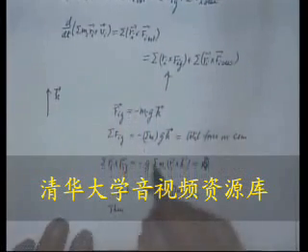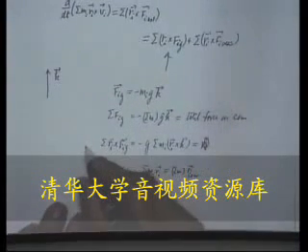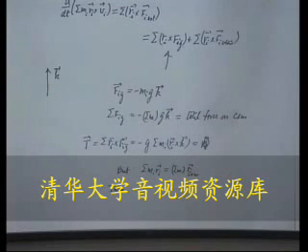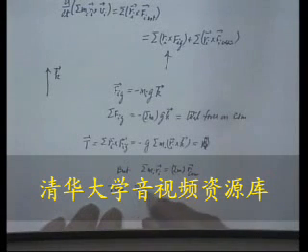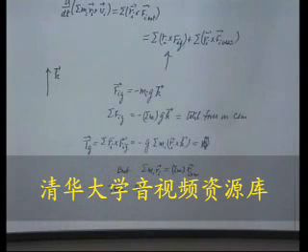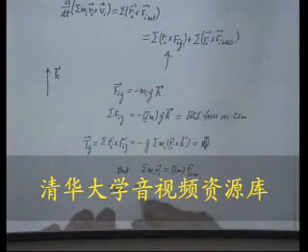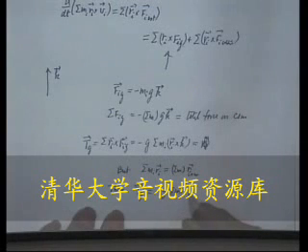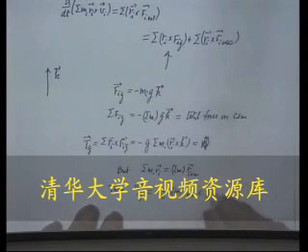This torque is equal to... let's write the torque. This is the torque due to gravity, equal to minus g times the summation of m r center of mass cross k.